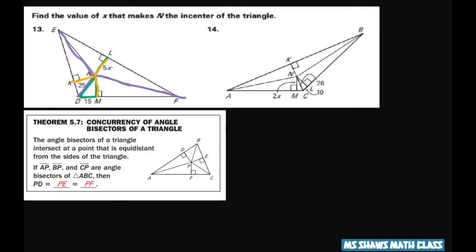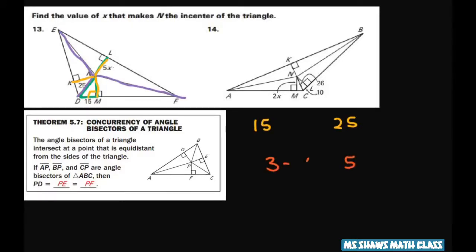So what I'm going to do is look at this triangle right here. And I have 15, and I have 25. Now if I divide these by 5, you're going to get 3 and 5.